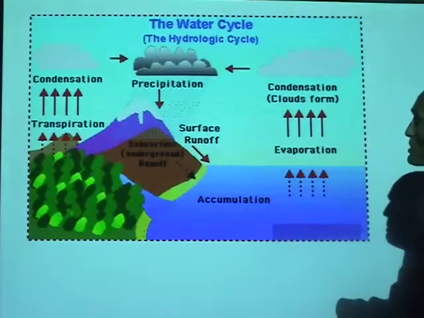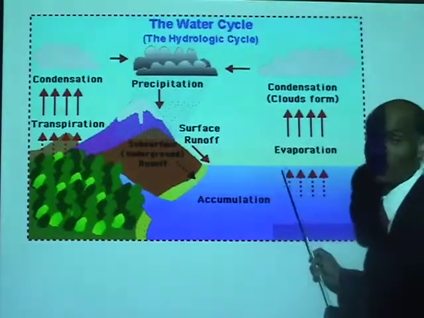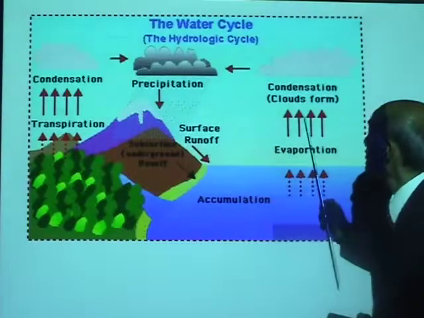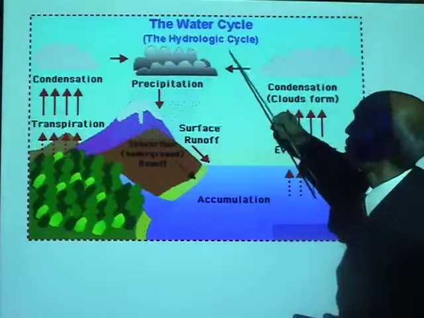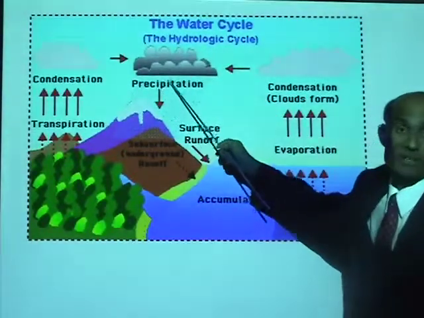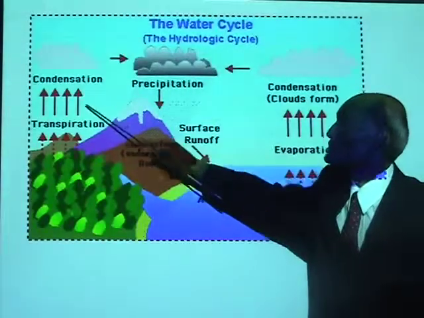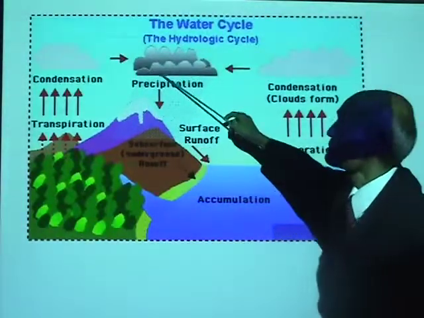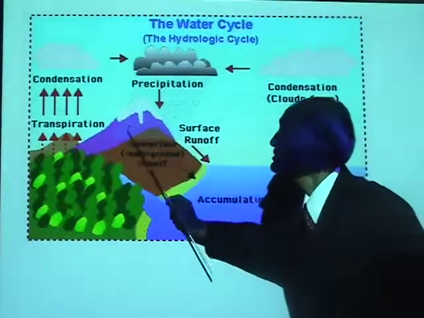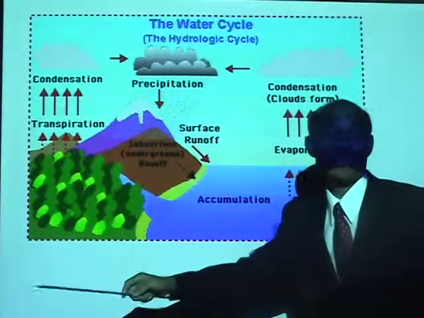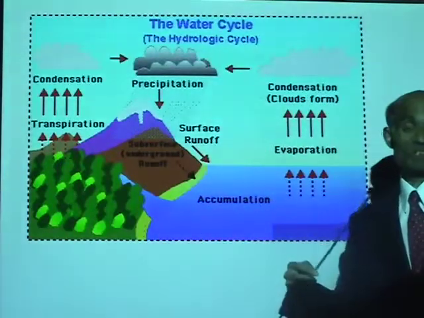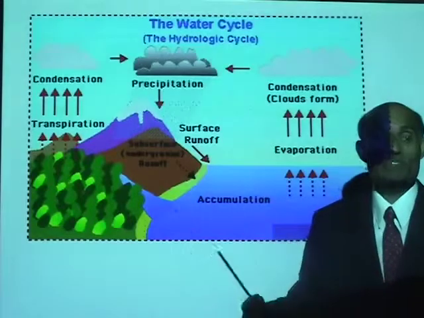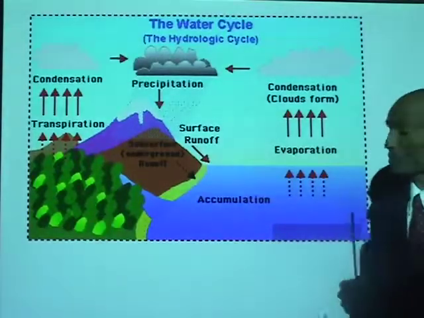What is the hydrologic cycle? The evaporation from the sea produces condensation and precipitation, which brings rain to the surface, which then produces runoff and produces streams and rivers. So the freshwater supply is actually continuously being replenished.